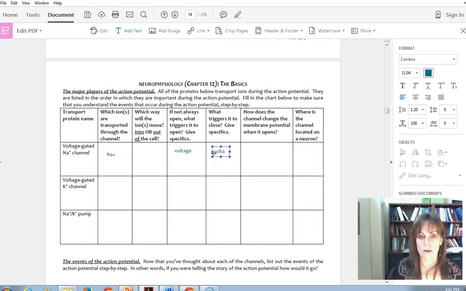But in both of these cases, voltage will control it. Again, voltage gated potassium channel. What goes through the channel? The word right next to channel is potassium, so that's what gets through. What triggers the gate to open? Again, what word is next to gate? Voltage. So voltage is going to control the opening and closing of this channel.